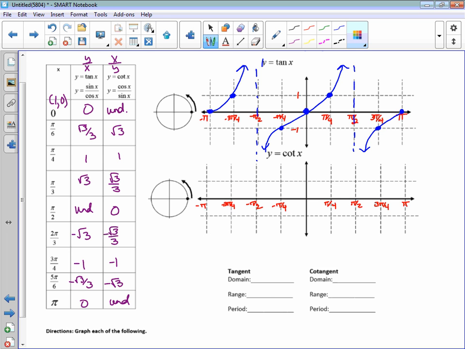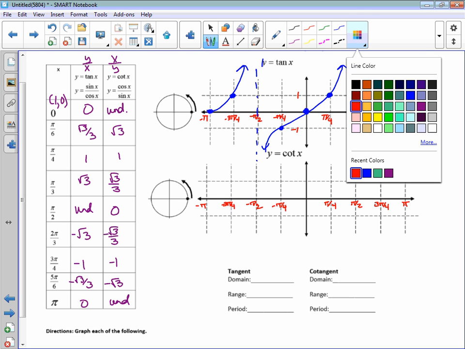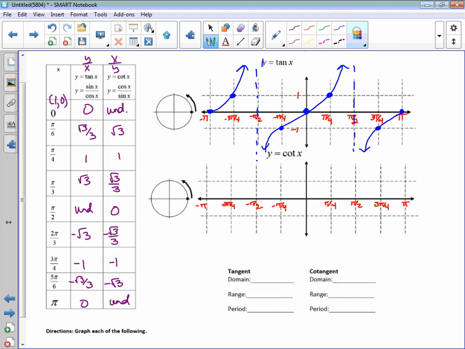No. Still vertical asymptotes. Later we'll graph inverse tangent and inverse cotangent, and then horizontal asymptotes. But not yet. Try. Don't be afraid to try it. Maybe try it in pencil.